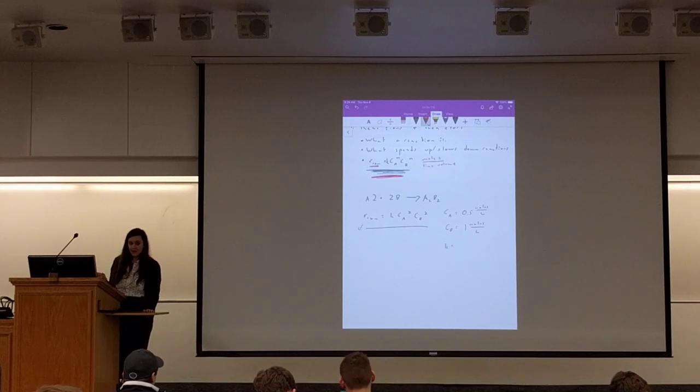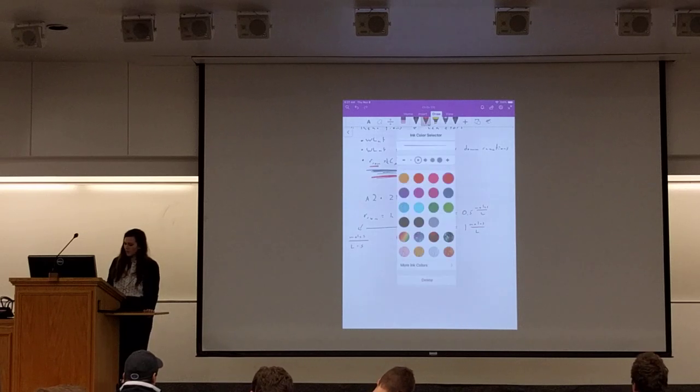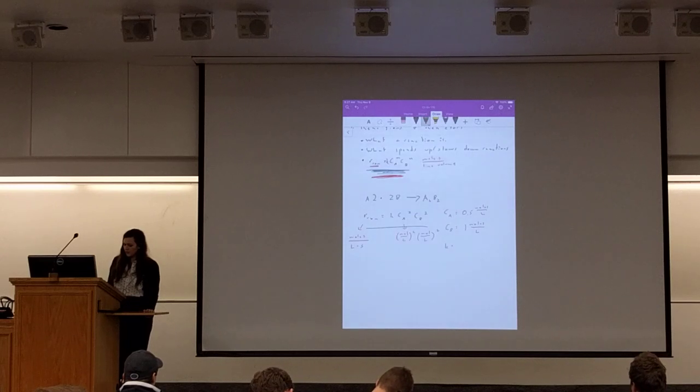We know that the rate of reaction, those units should be moles per liter time, let's say seconds in this case. And this is going to be moles per liter squared times moles per liter squared. So, can anyone tell me then what the units of the rate constant have to be?